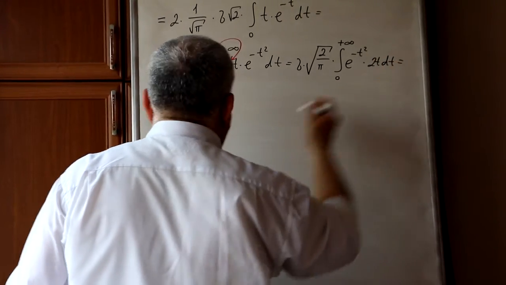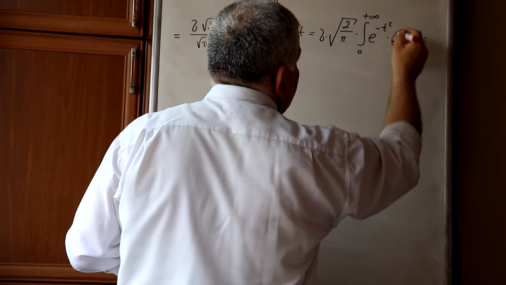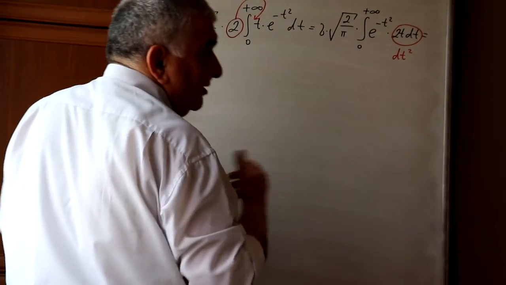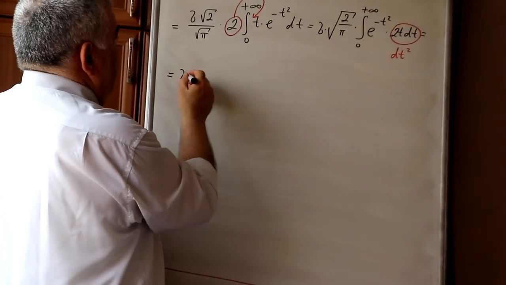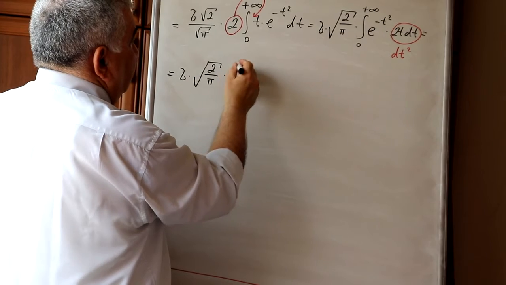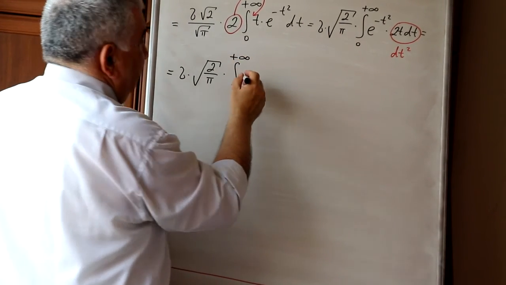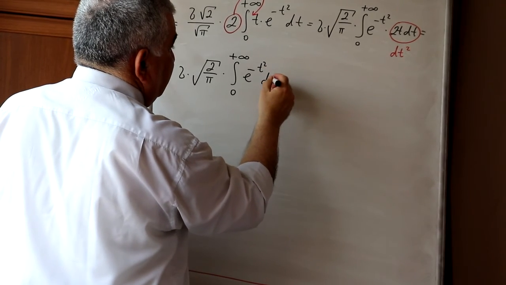And you know that 2t dt is d of t squared according to the anti-differential table. Then equals sigma multiplied by square root of 2 over pi, the integral from 0 to plus infinity of e to minus t squared d of t squared.